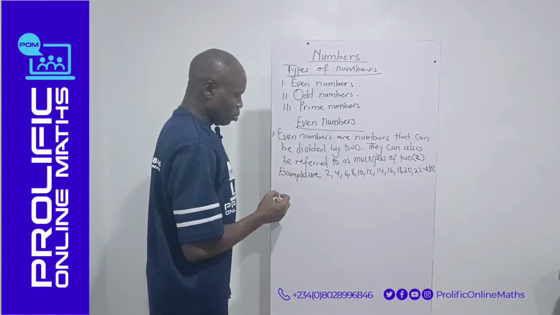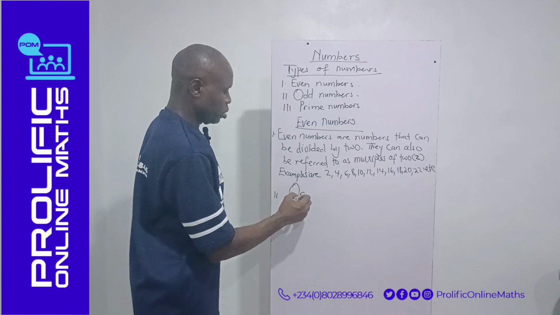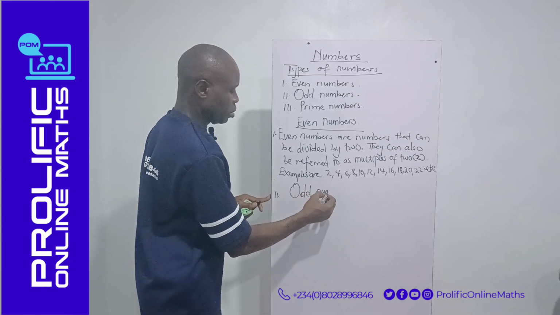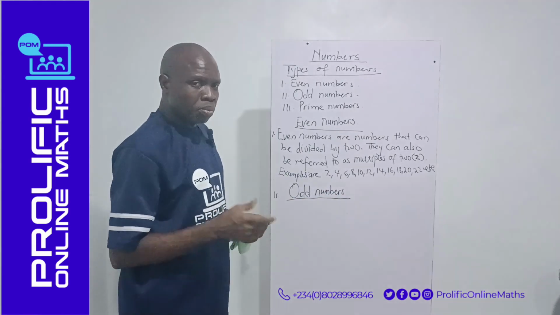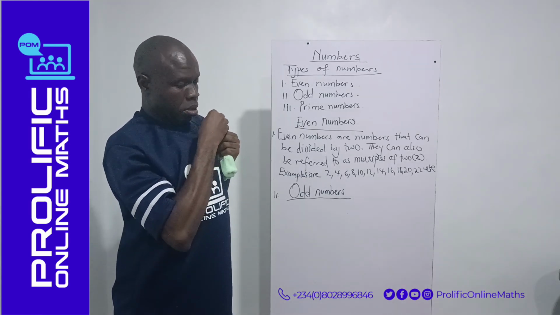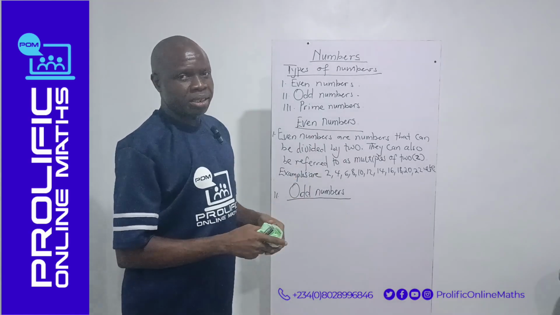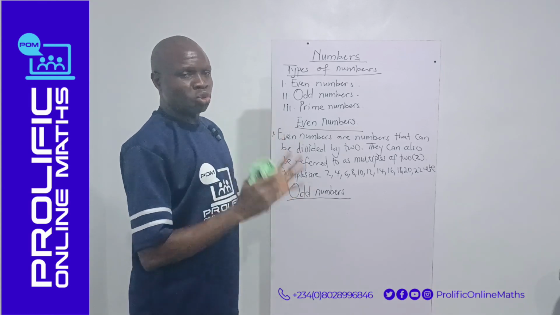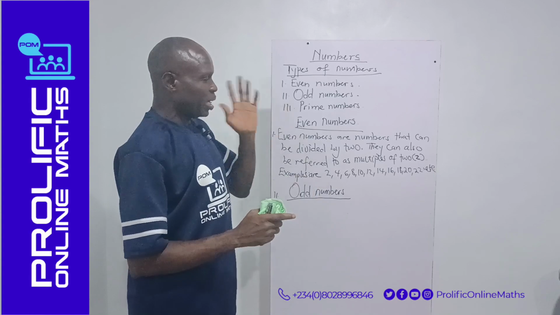That's number 1. Number 2, talk of odd numbers. Odd numbers are numbers that 2 cannot divide. Odd numbers are numbers that cannot be divided by 2.